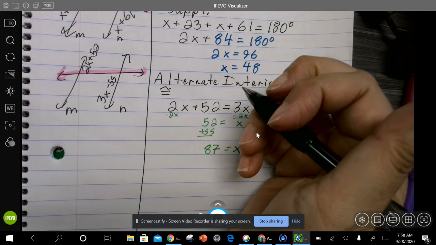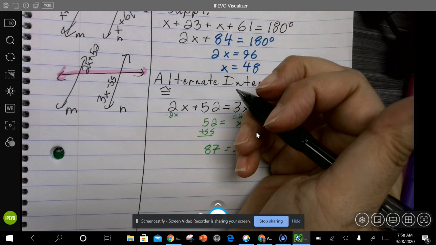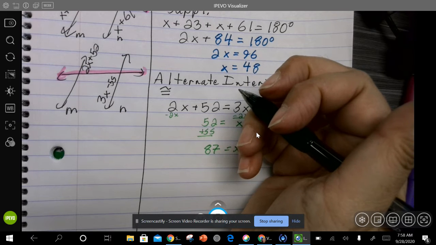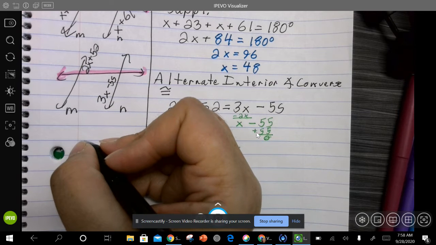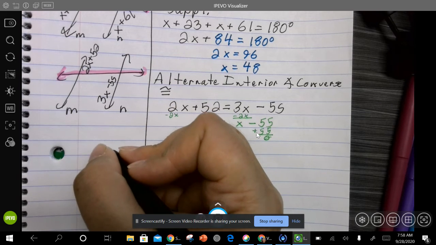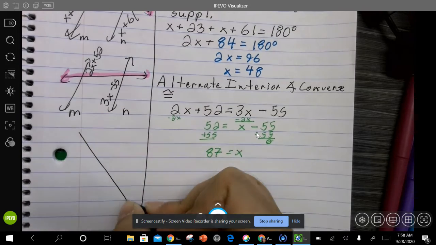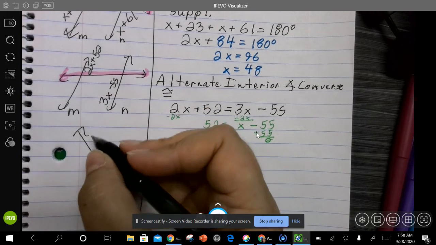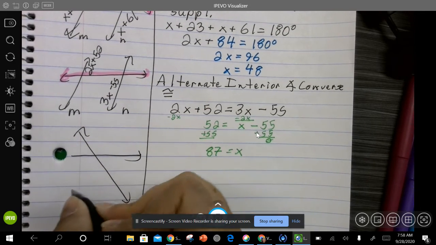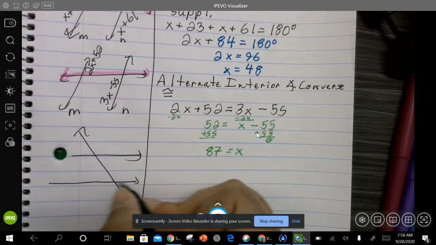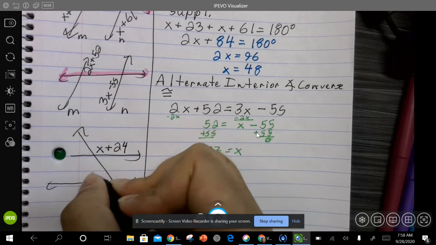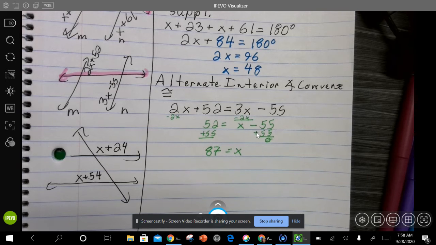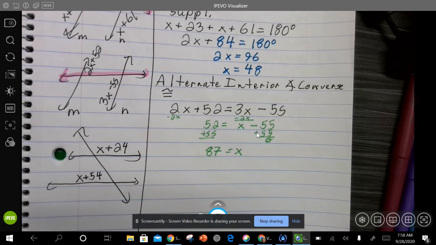Okay, what if we needed to prove? Okay, so everybody, when I look at those, I go, what's the angle relationship?